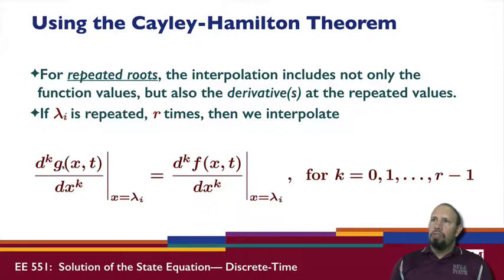That is, the kth derivatives of g and f evaluated at the eigenvalues must be equal. So that's what this is saying. So not only must the values be equal, but the derivatives must be equal, all the way up to r minus 1. So this is actually r terms altogether. So if it's repeated r times, this is giving us r interpolation conditions.